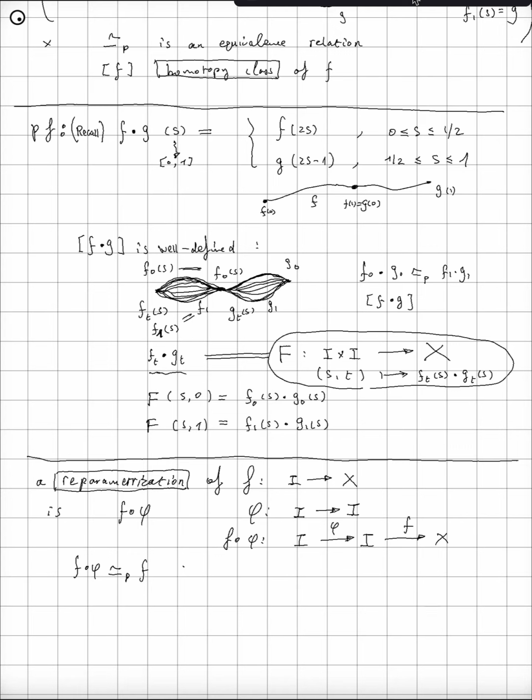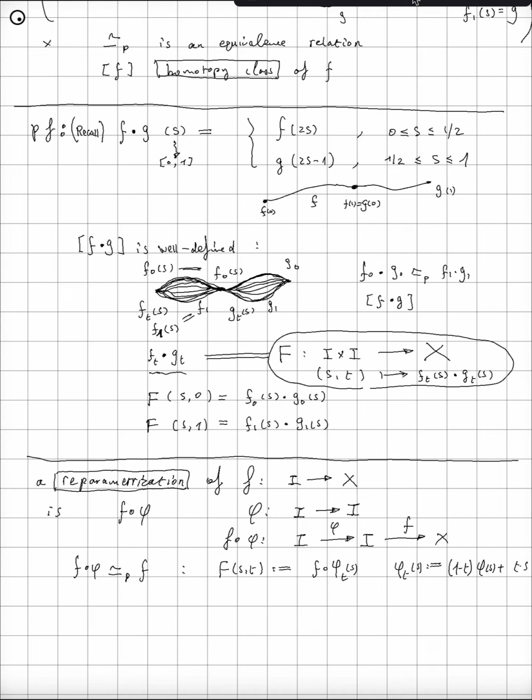The reason is that you just have to construct a continuous function defined on I product I to X. We define this to be f composed with phi_t(s), where let me first define phi_t(s). phi_t(s) is defined to be (1 minus t) phi(s) plus t s.